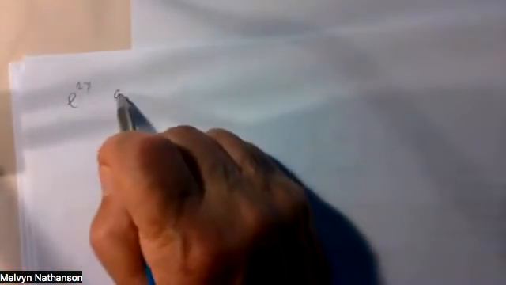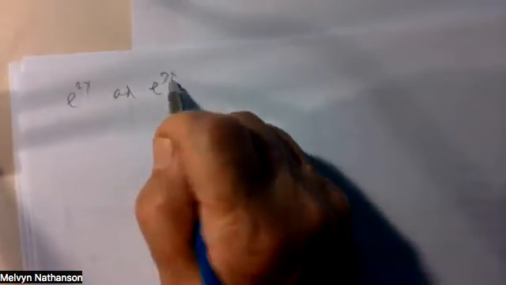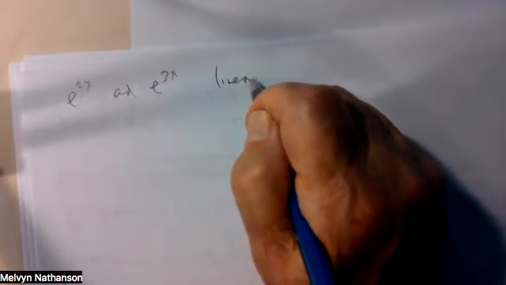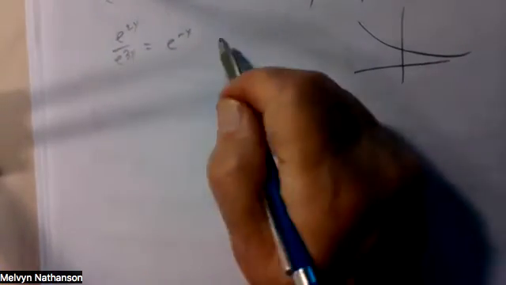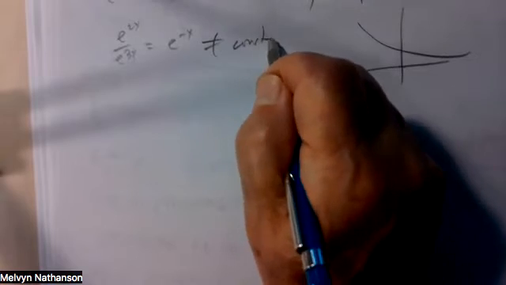If you take functions like e to the 2x and e to the 3x, these are linearly independent. Why? Well, if you take the ratio, say e to the 2x over e to the 3x, that's e to the minus x, that function looks like that. It's not a constant.